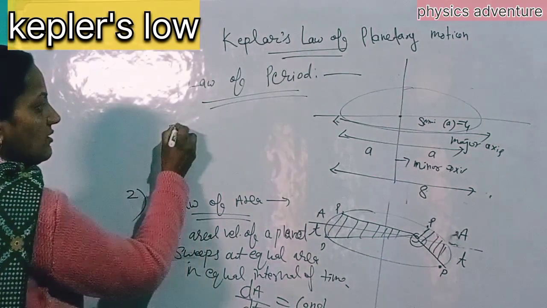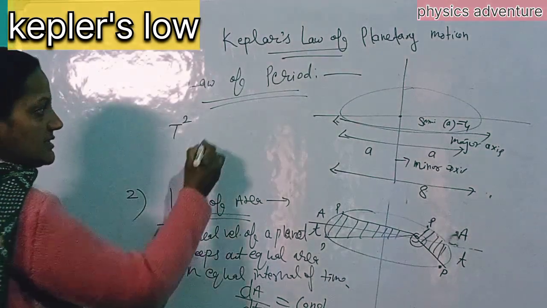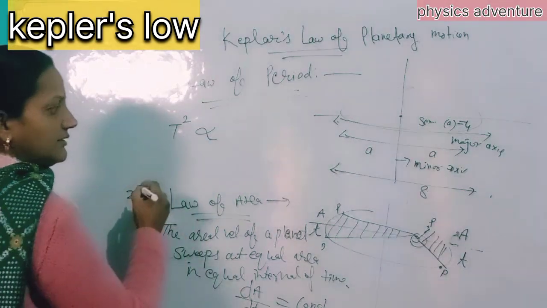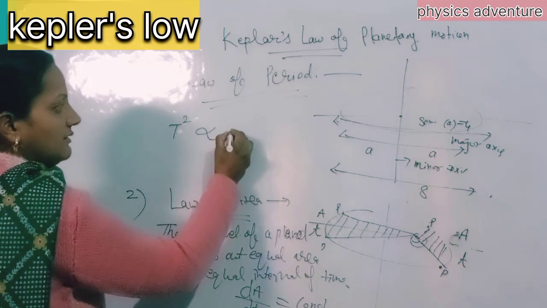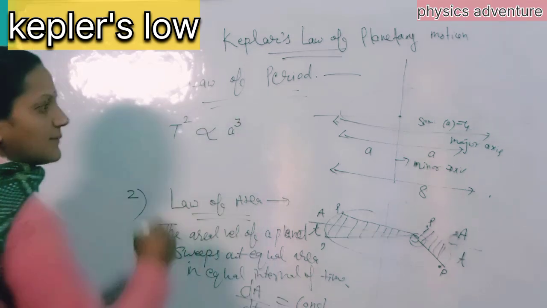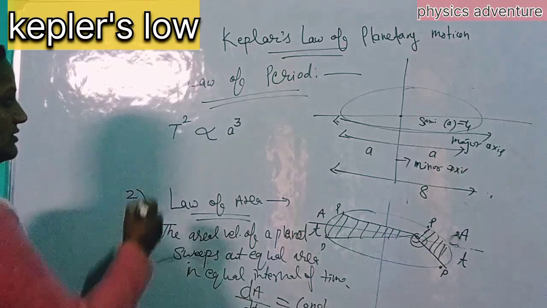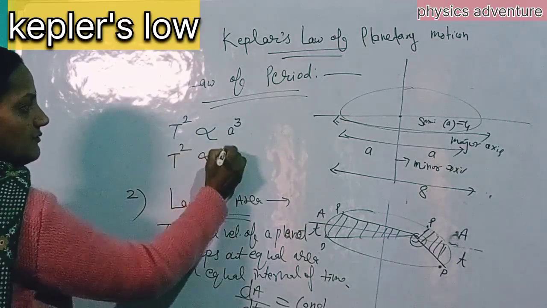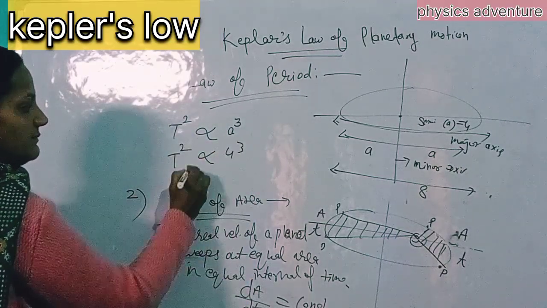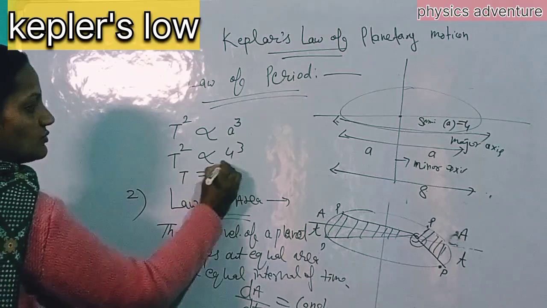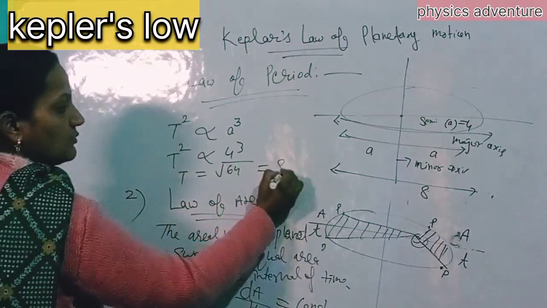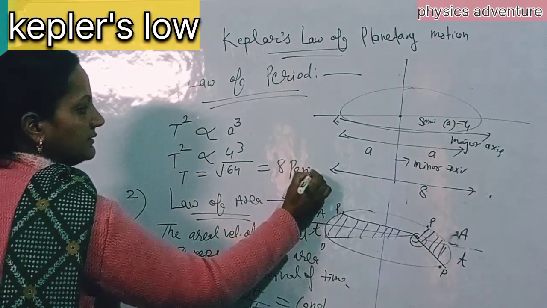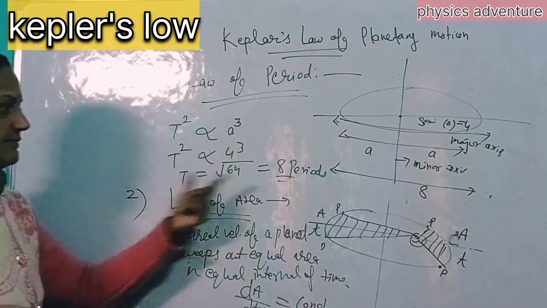So the square of the time period is proportional to the cube of the semi-major axis. Suppose this is 4 cubed, then it is 64, and the root of 64 is 8, so the time period will become 8.